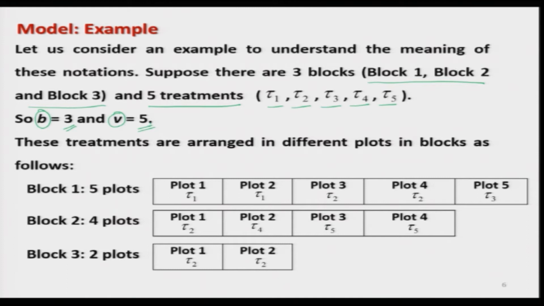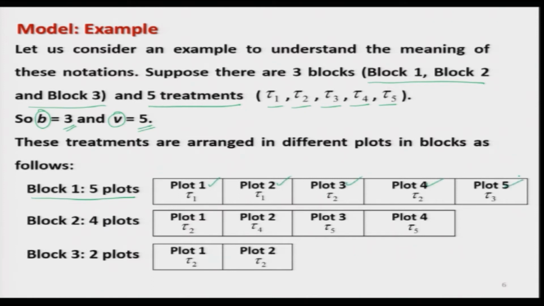Now, these 5 treatments can be arranged in 3 blocks in any way, that is the choice of the experimenter. But here I am taking a particular setup so that I can explain the basic definitions. I consider block 1, which has 5 plots: plot 1, plot 2, plot 3, plot 4, plot 5.